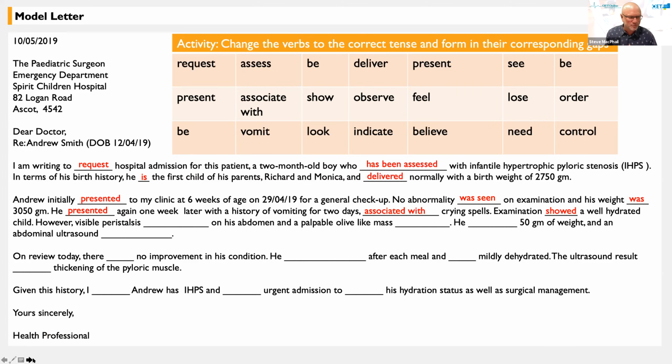Thank you, Bridget, was observed, right? Because you observed it. Visible, and you know, because it was visible, some people said before, sometimes you can see it, sometimes you can't. In this case, it's visible. Visible peristalsis was observed on his abdomen, and a palpable olive-like mass. You've got to use the word feel. Again, we're going to use passive here because you felt it.